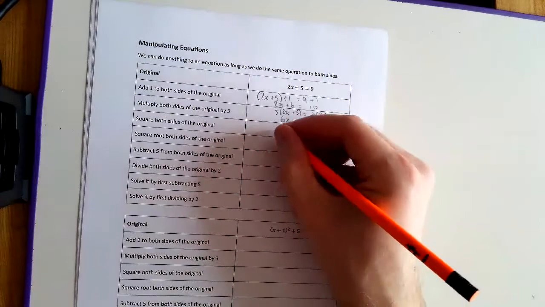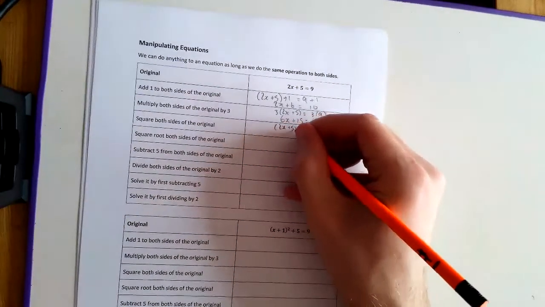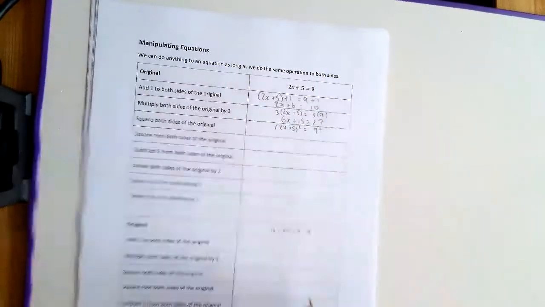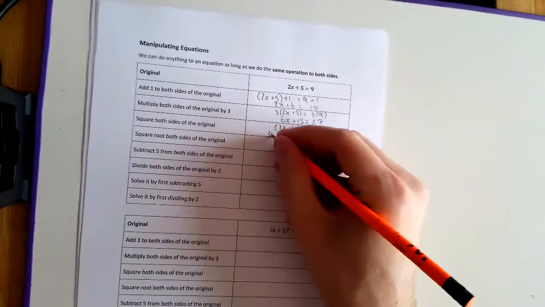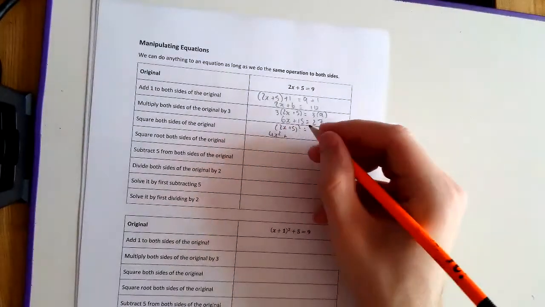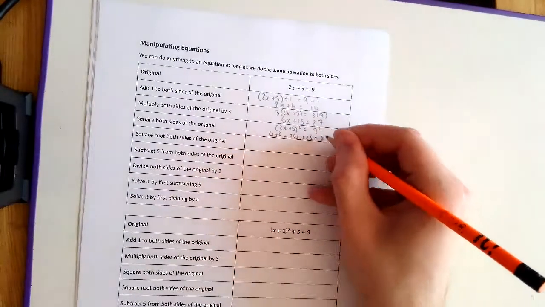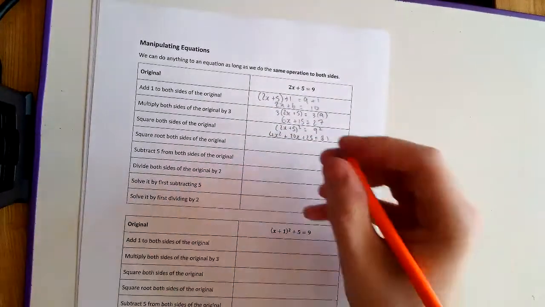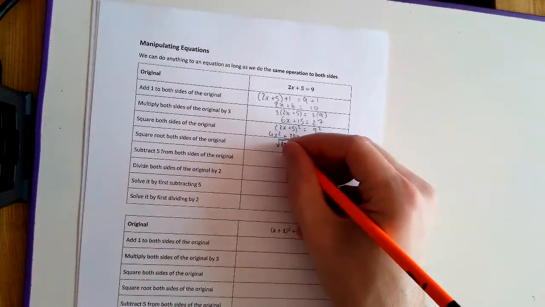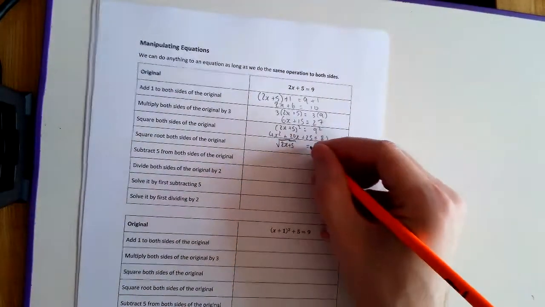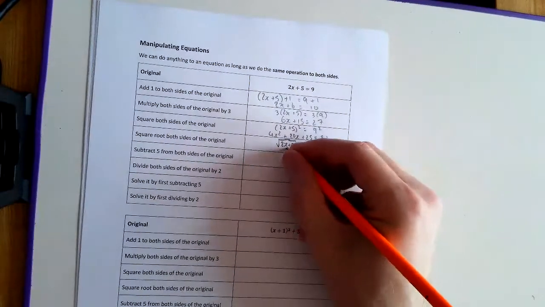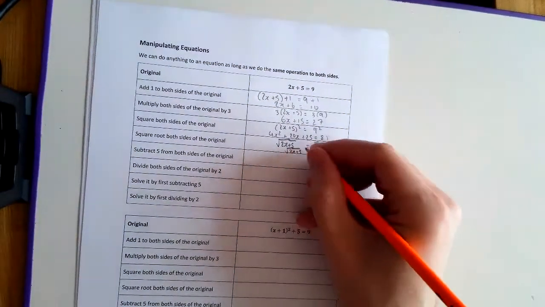Square both sides. So 2x plus 5 squared is 9 squared, which gives me 4x squared plus, expand that out, will give us 20x plus 25 is 81. Square root both sides. So root of 2x plus 5 is root 9. So that gives me root of 2x plus 5 equals 3.